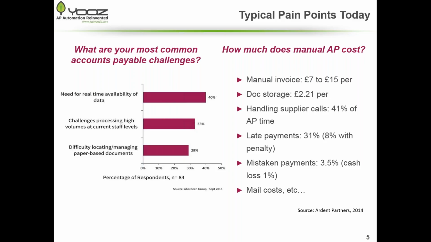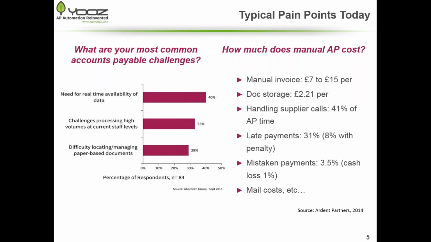You can see some costs on the right where we have estimated the cost of a manual invoice process from £7 to £15 per invoice that is going through your organization. We've estimated document storage at around £2.21 per invoice. So that's paper invoices, of course.